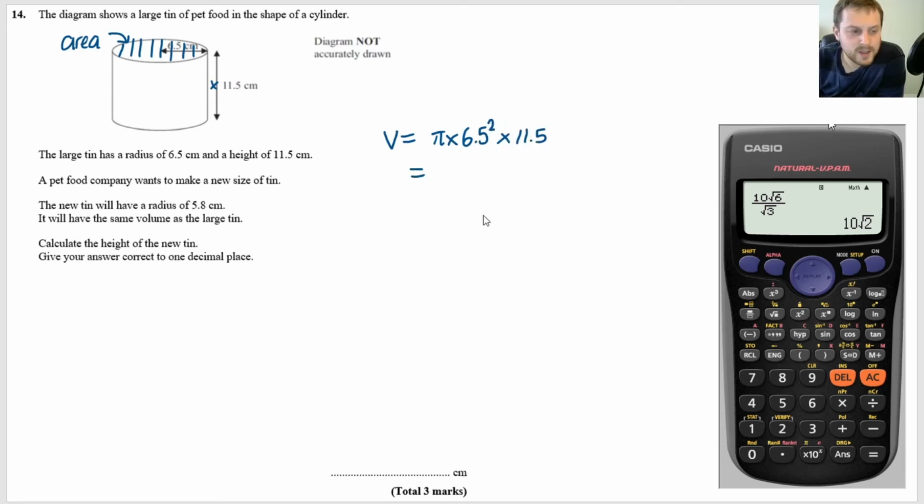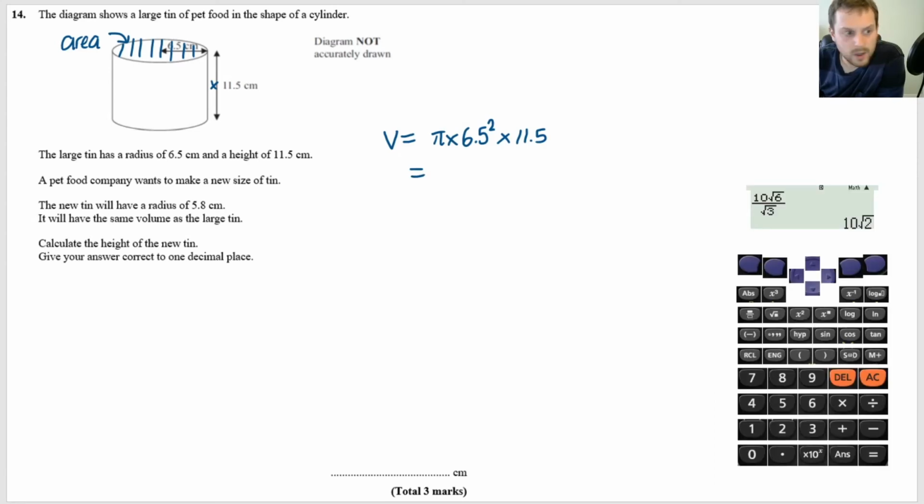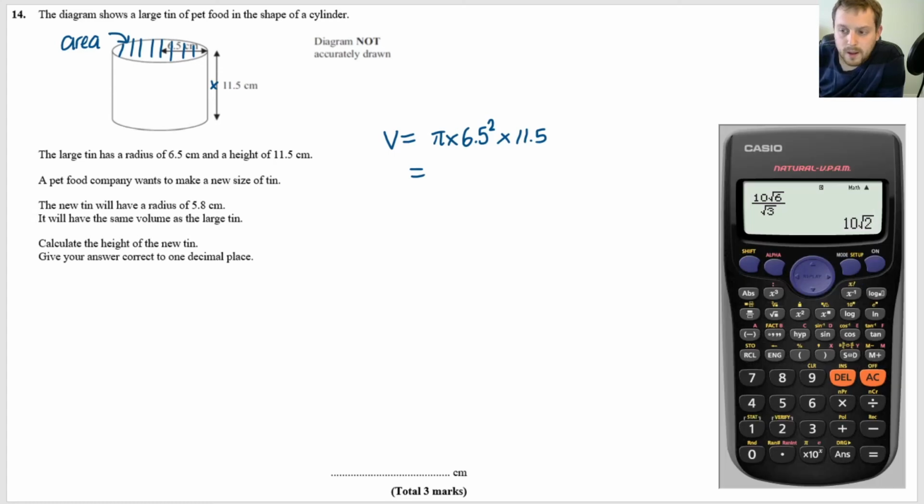So I'm going to write this in terms of pi because it's probably nicer that way. So let's just do 6.5 squared and times it by 11.5. So this is 3887 over 8 pi.